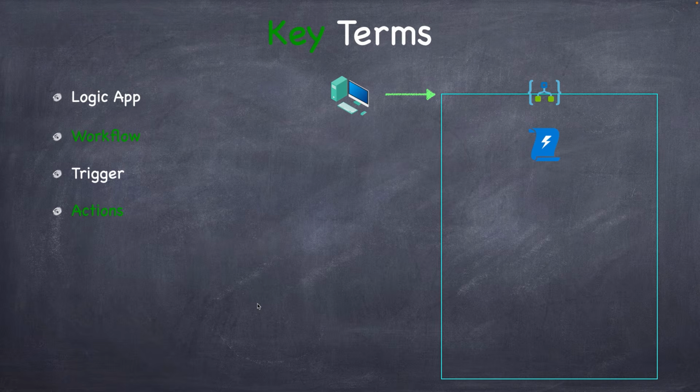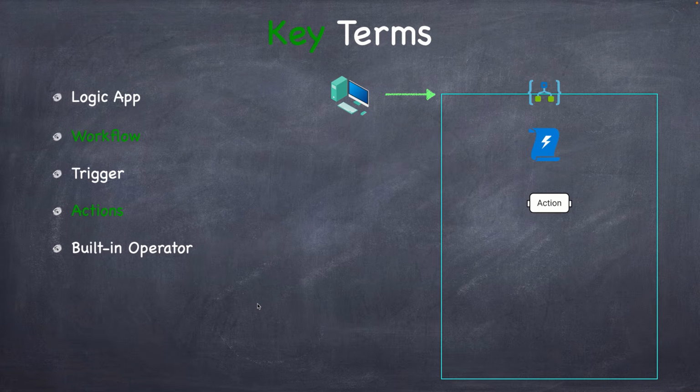If I process an order, then it should check the validation, whether it meets the order amount criteria. If it doesn't, then it requires sending an email. If it meets the order amount criteria, then it will follow the order processing system, and so on. So I can define many actions within my Logic App depending upon the business process. It can have a collection of actions within a workflow.